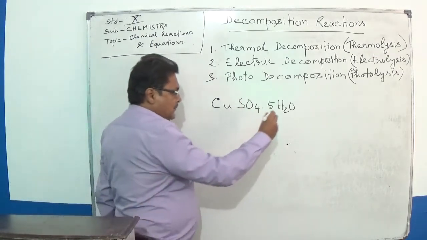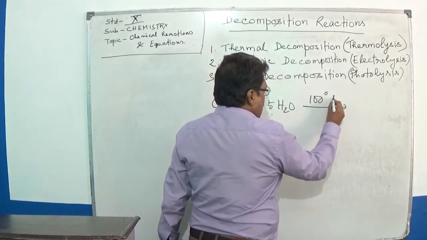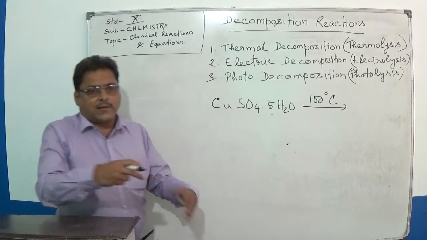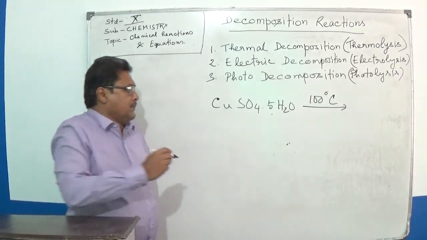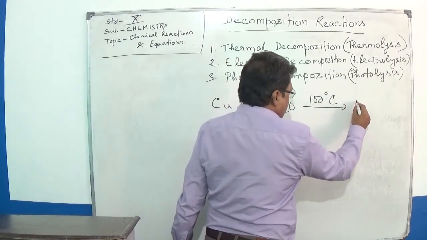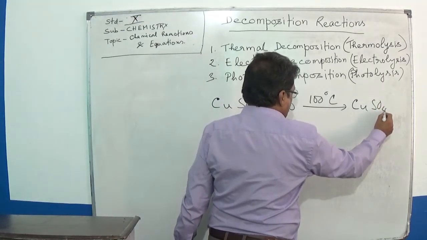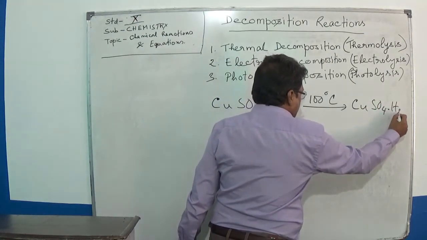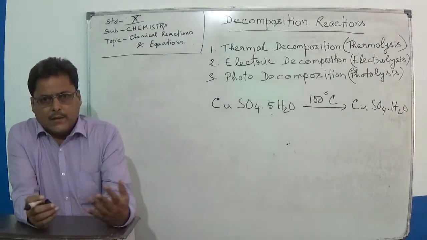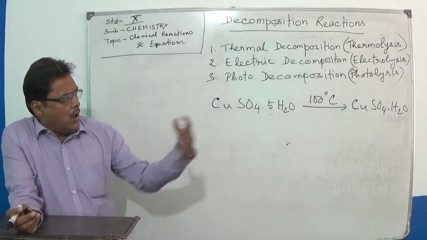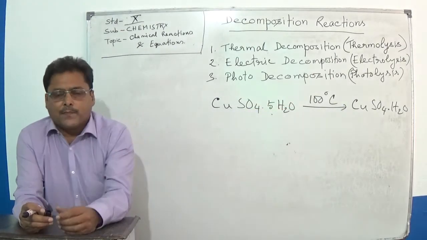What happens is that we heat it to 100 degrees Celsius and it decomposes to form a new crystal. It is now copper sulfate monohydrate.